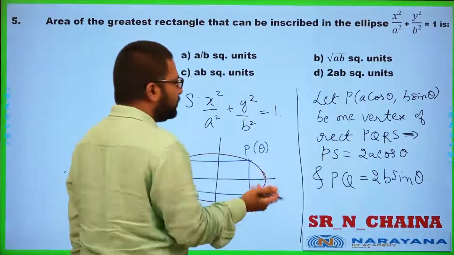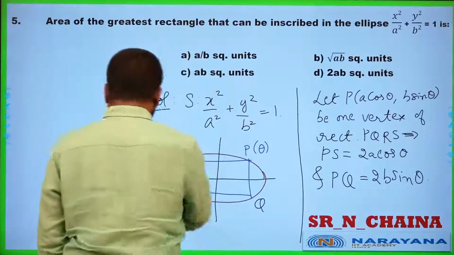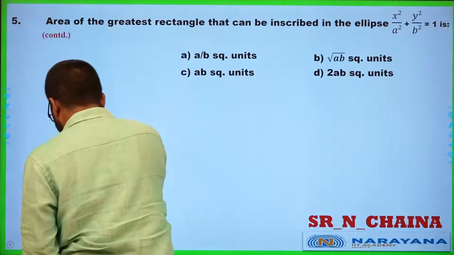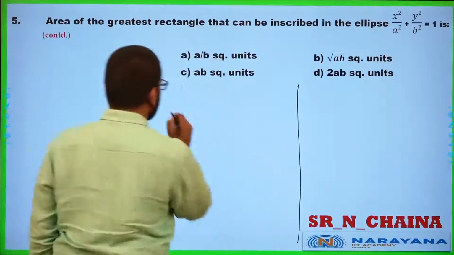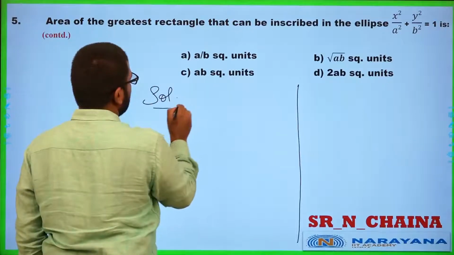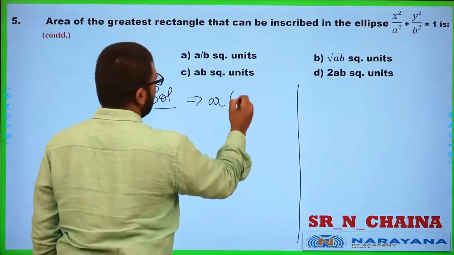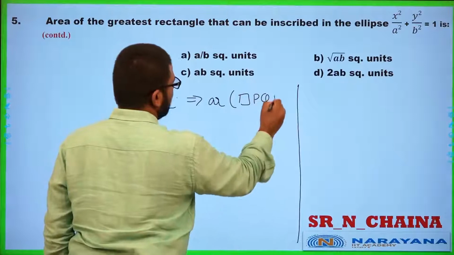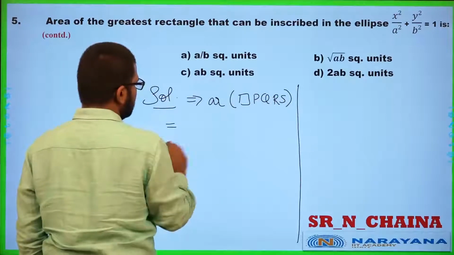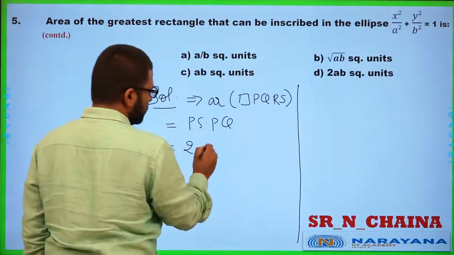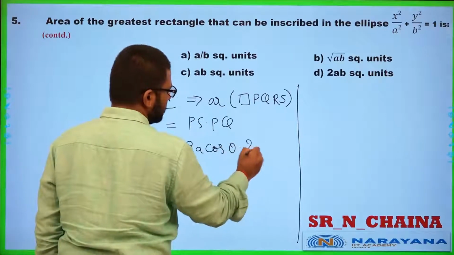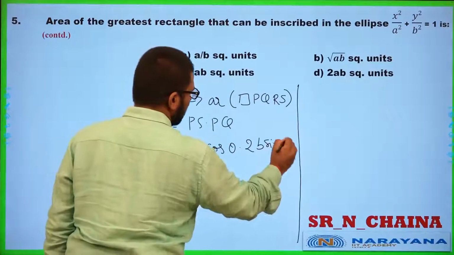That's it. Now PS into PQ should give me the area of the rectangle. Which means area of rectangle PQRS is PS into PQ, which is 2a cos theta into 2b sin theta.